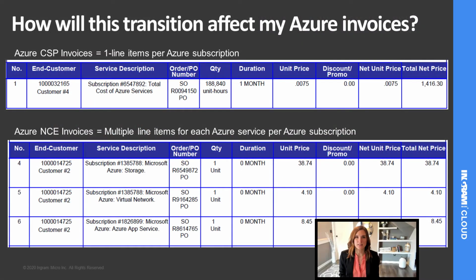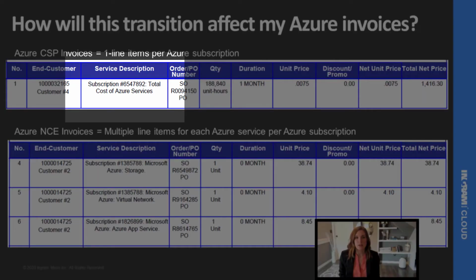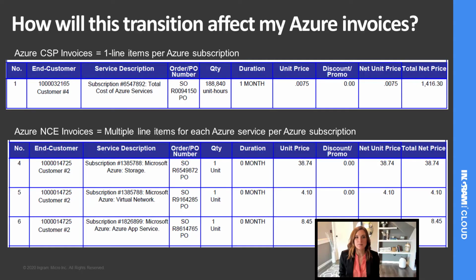How will this Azure NCE affect your Azure invoices? Well, Azure CSP invoices were summarized and listed as one line item that read as total costs of Azure services. The line item contained all of the Azure native services. With Azure NCE invoices, these are different in that each Azure service has its own line item.